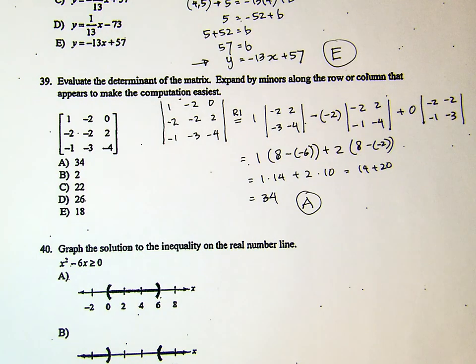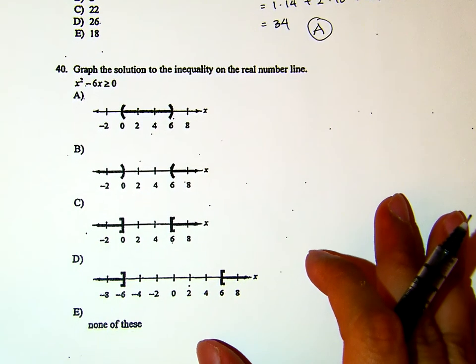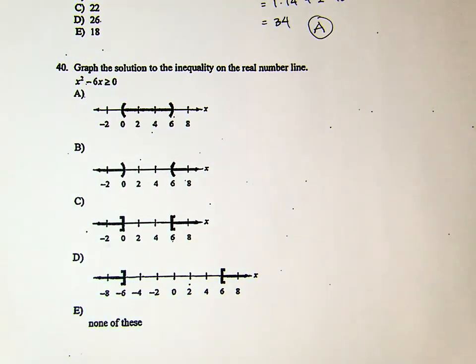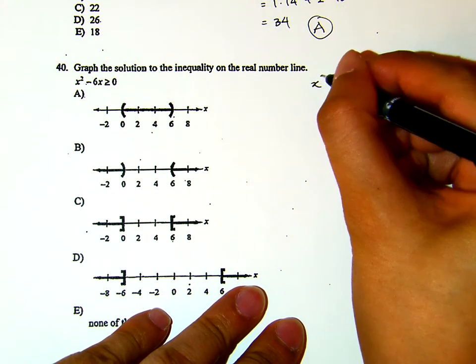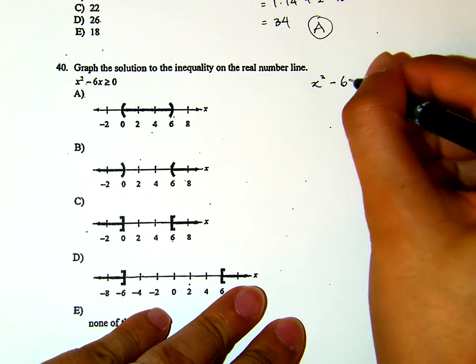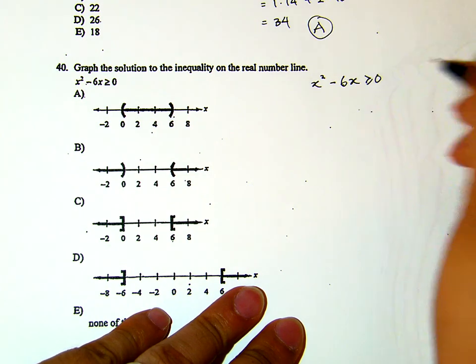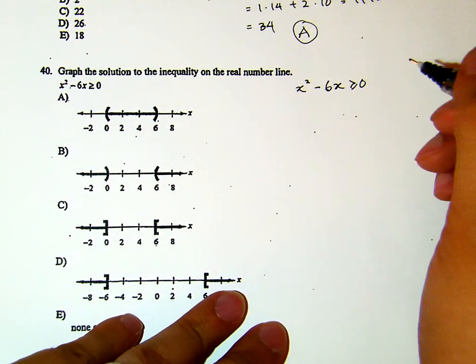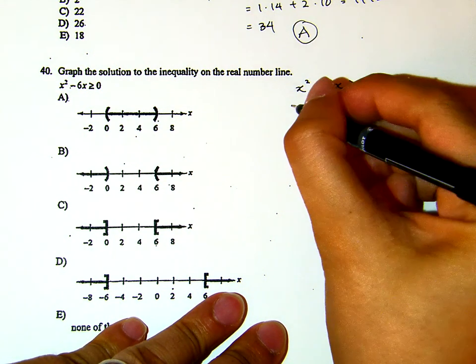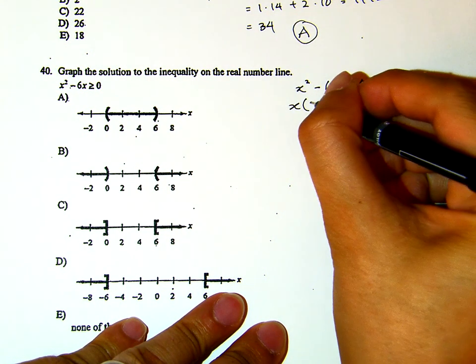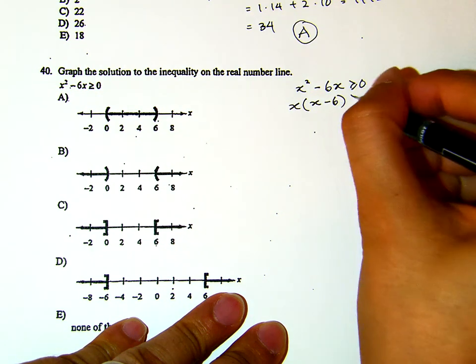Now number 40, the last question. Graph the solution to the inequality on the real number line. The inequality is x squared minus 6x greater than or equal to 0. What I will do first, I need to find the critical points, and that can be done by factorizing the inequality.